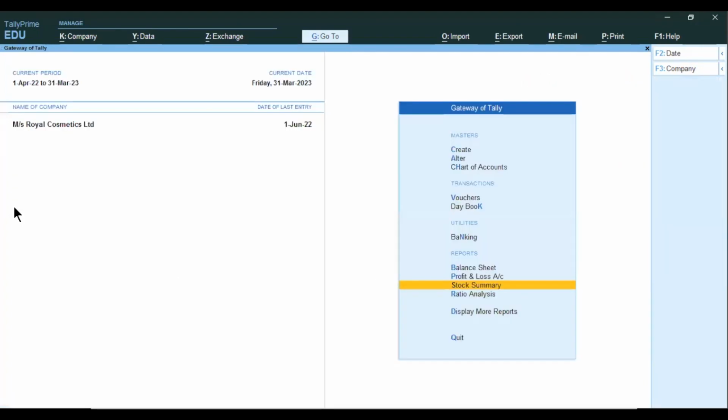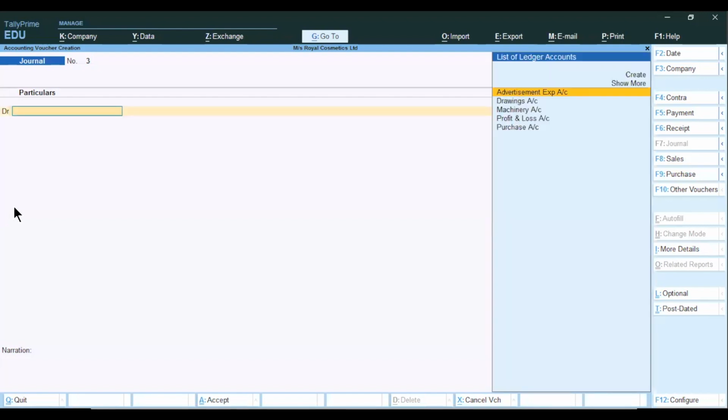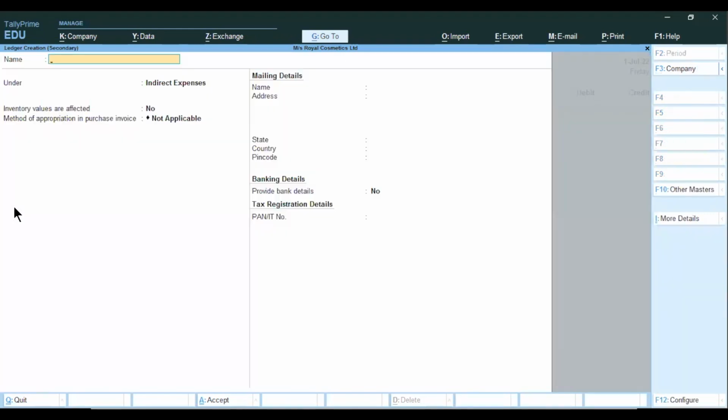This is our example. So open the voucher, journal voucher, and suppose it was destroyed on 1st of July. So debit will go to abnormal loss. We don't have that ledger, so we will create it by pressing Alt C, abnormal loss account.